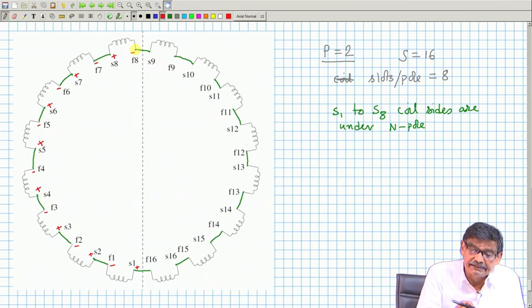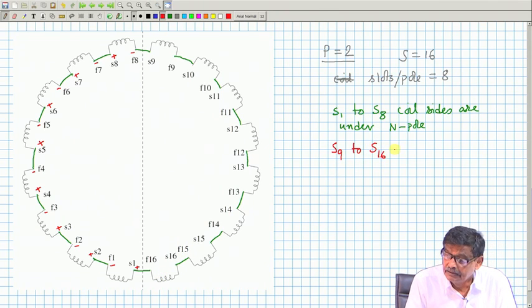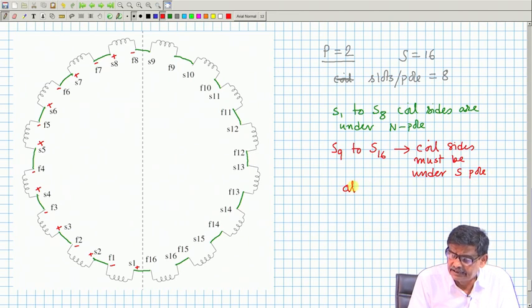And S 9 to S 16, these coil sides must be under south pole, at this given instant of time.